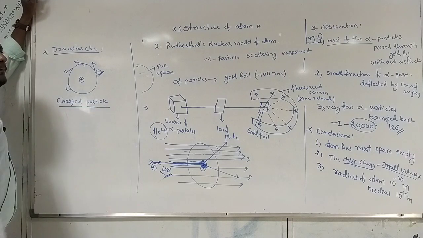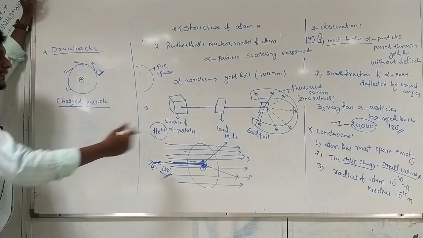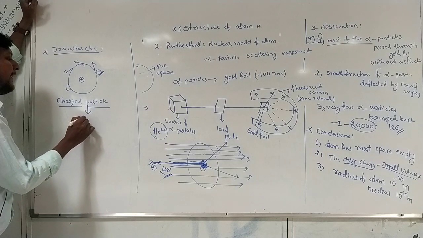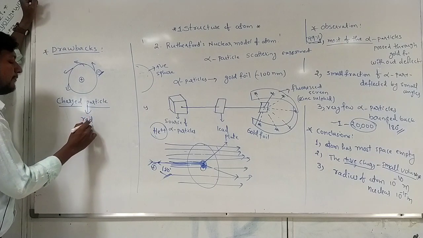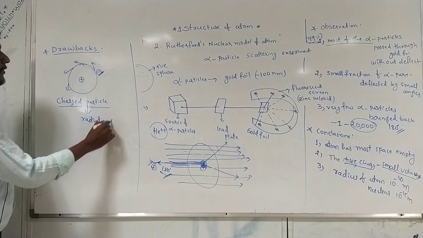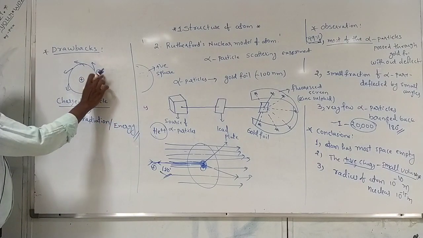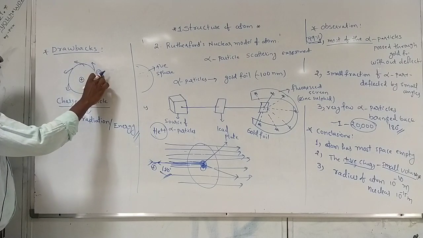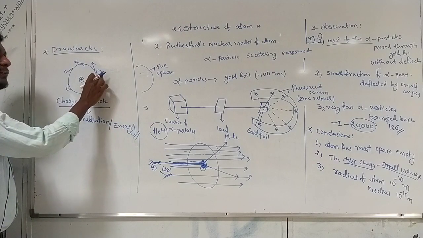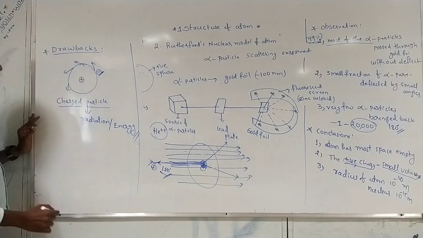Any charged particle with velocity under acceleration will produce radiation, which is also considered as energy. It means the electron, a charged particle under acceleration, emits radiation and loses energy. This will lead it to fall into the nucleus.